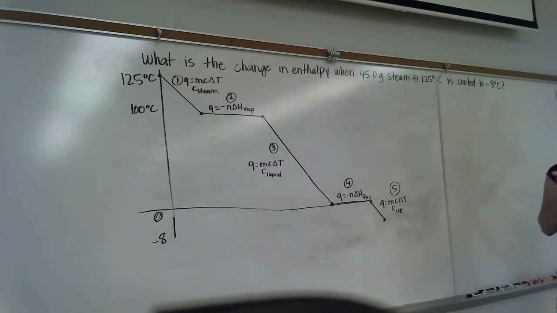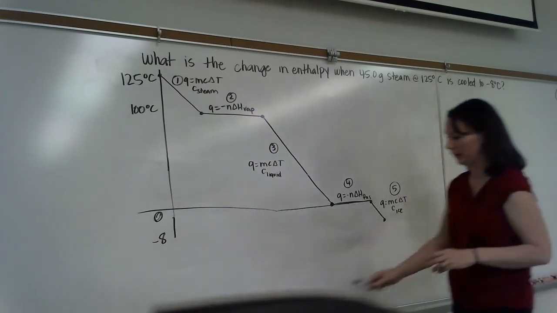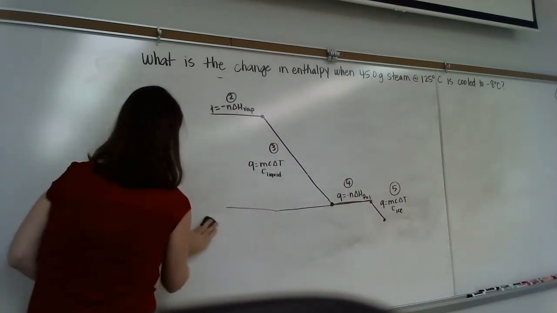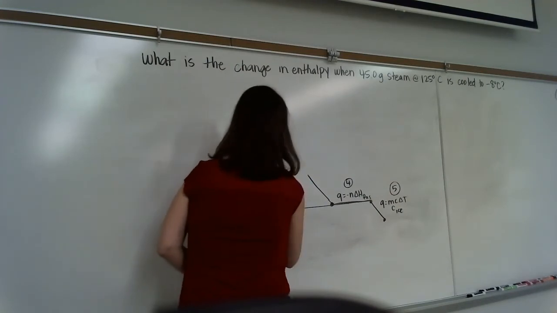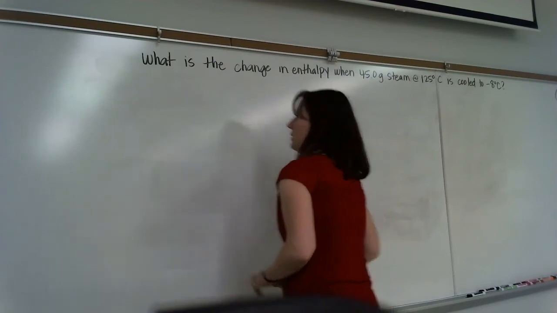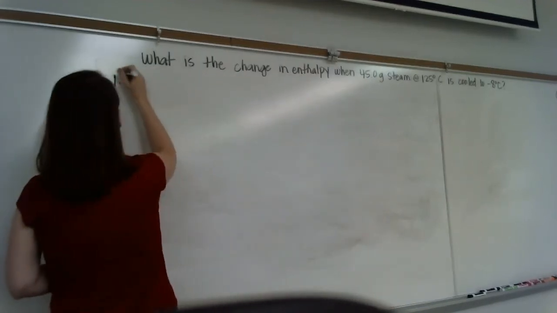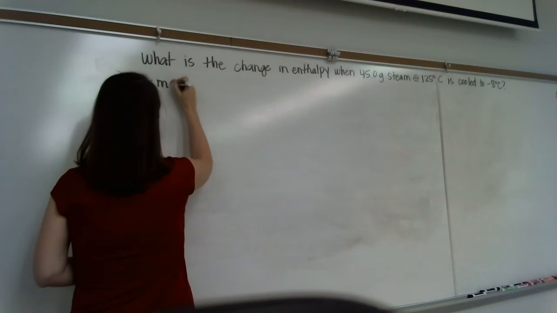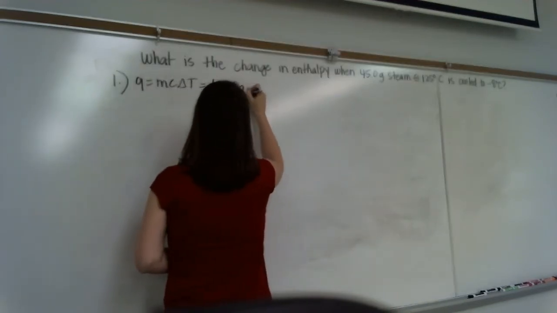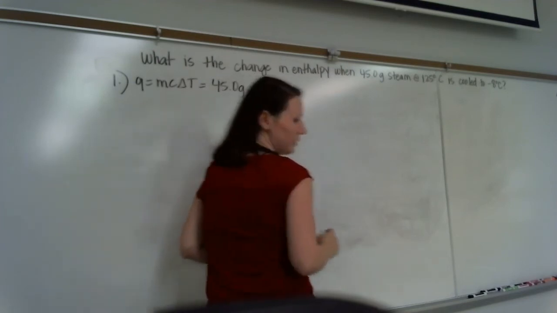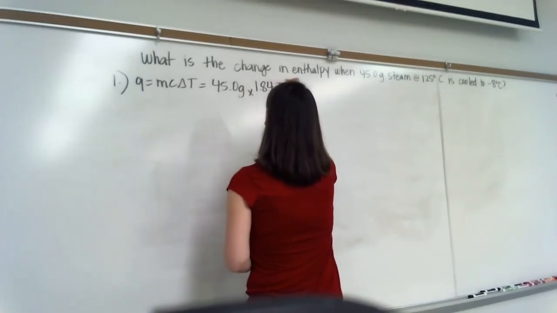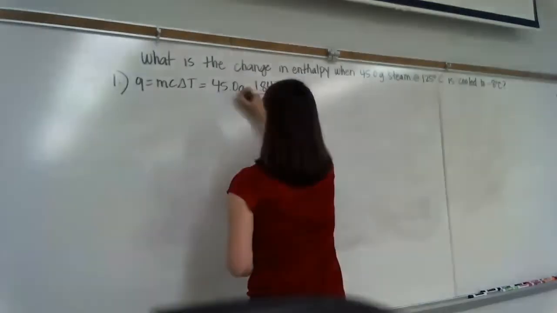Do we agree? All right, I'm going to erase my cooling curve because it's taking up the whole board. I have to have enough room to write 5 calculations. Number 1, Q equals MC delta T. So 45 grams times the C of steam, 1.84 joules per gram degrees Celsius.